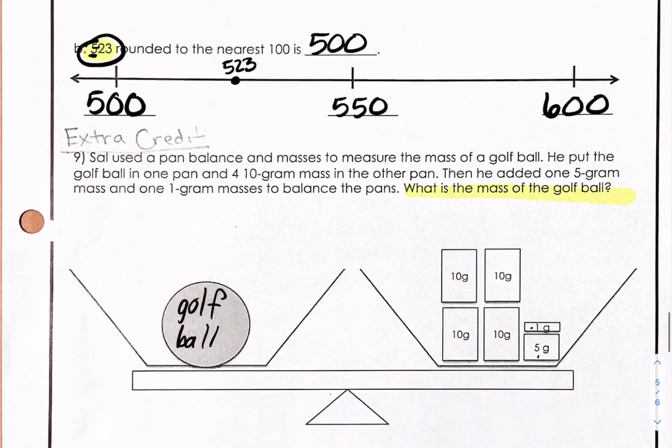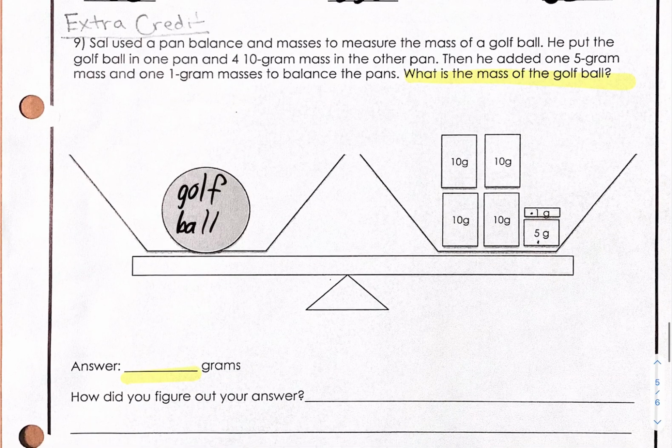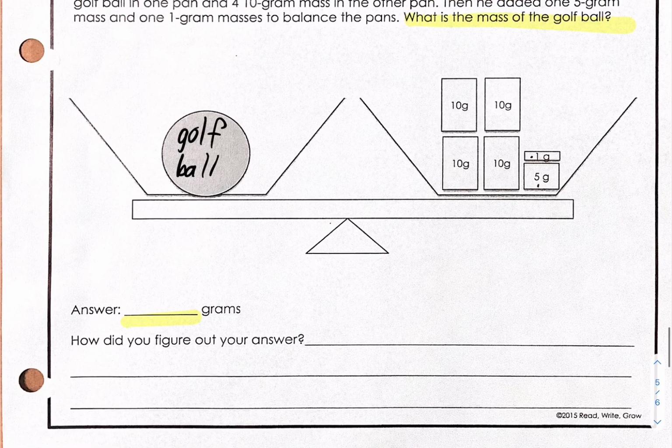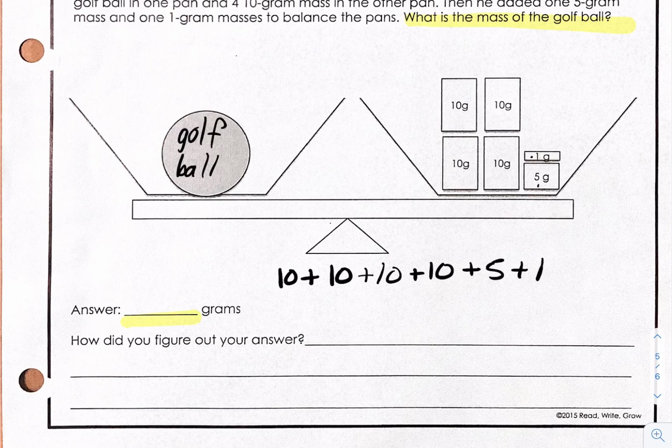Moving on to number 9. So, how do we find out the total mass of the golf ball? I add all of those numbers up. So I have 10 plus 10 plus 10 plus 10 plus 5 plus 1, which gives me a total of 46.